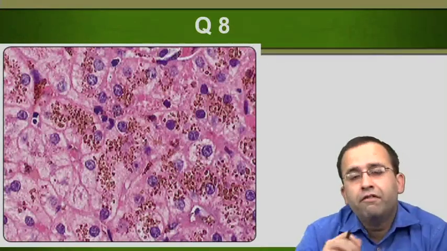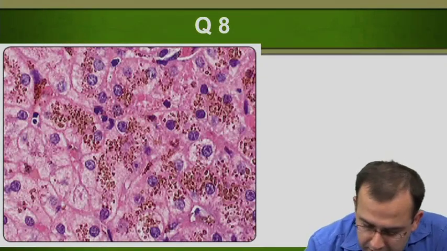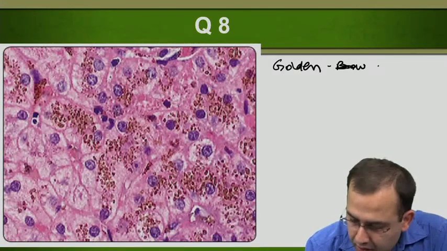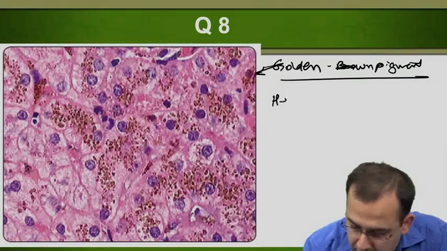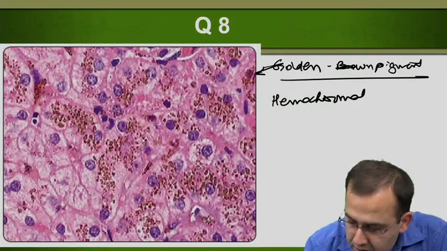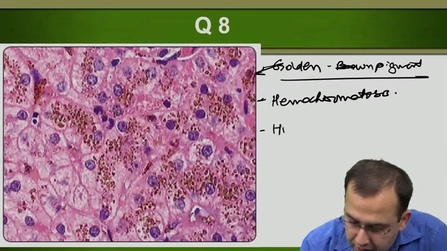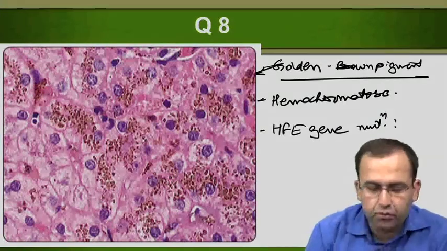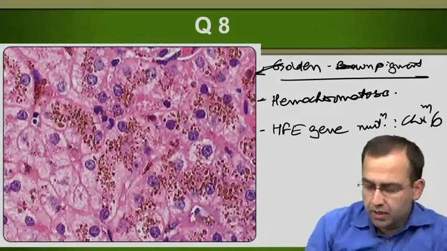Question 8. Which chromosome is this? Now, what you see here is the presence of golden brown pigment in the hepatocytes, making the most probable diagnosis as hemochromatosis, which is associated most commonly with HFE gene mutation present on chromosome 6.